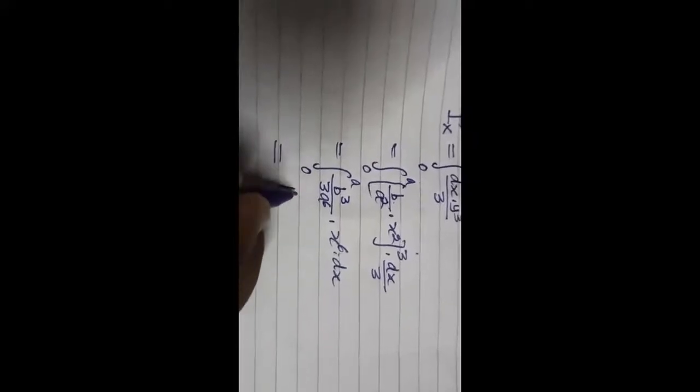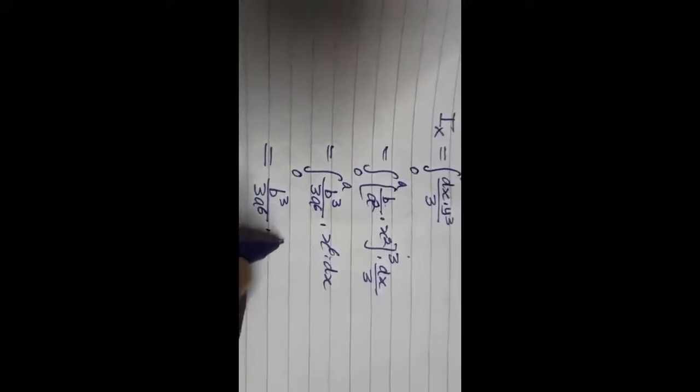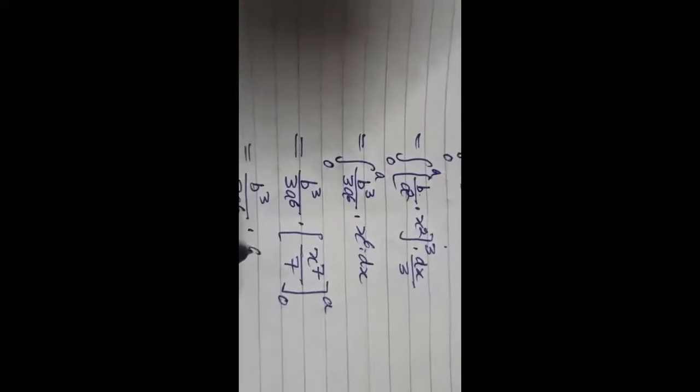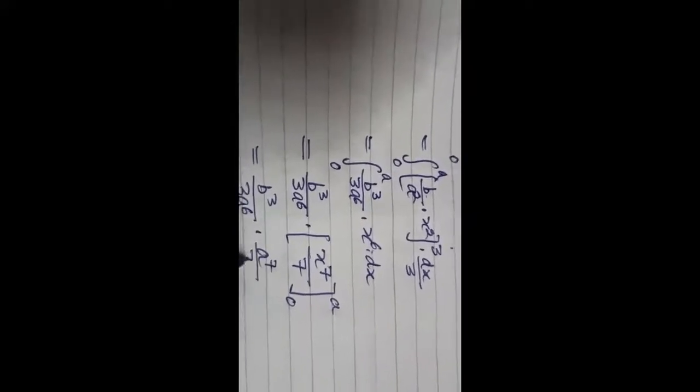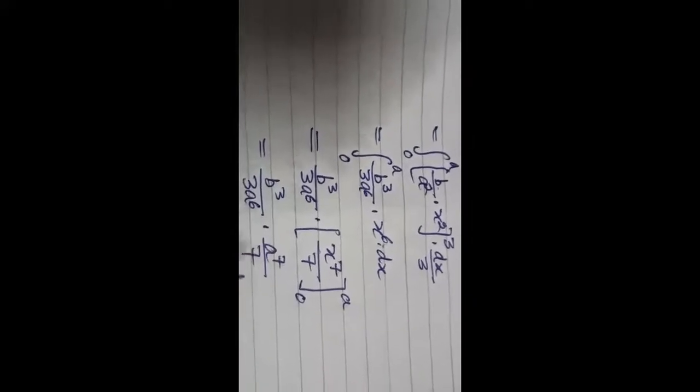This constant b cube upon 3 a to the power 6 comes out, and the integration of x to the power 6 is x to the power 7 upon 7, and the limit is 0 to a. On putting the limit, b cube upon 3 a to the power 6 multiplied by a to the power 7 upon 7. The a to the power 6 cancels, so remaining is only a.